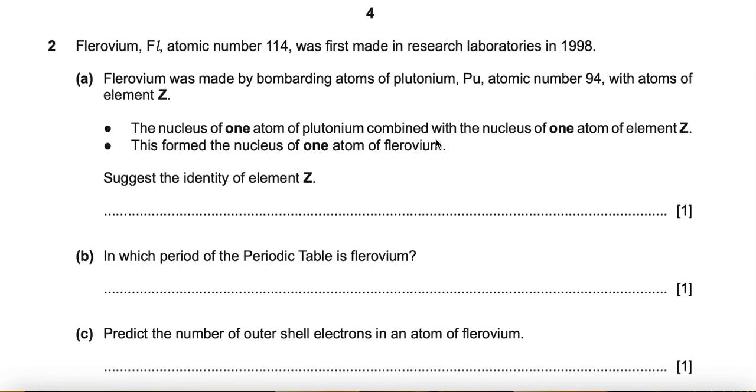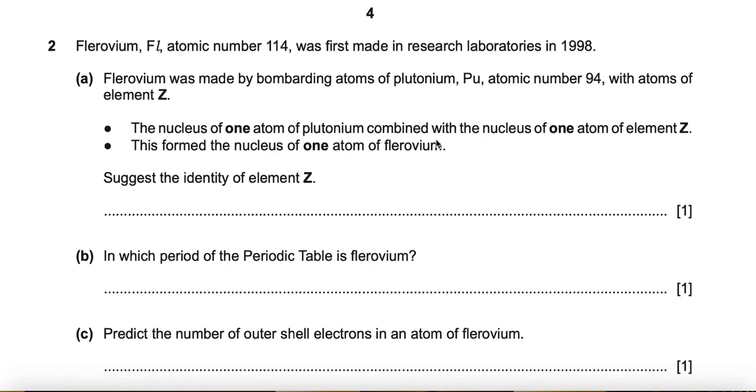Flerovium was first made in a research laboratory in 1998, by bombarding atoms of plutonium with atomic number 94 with atoms of element Z. The nucleus of one atom of plutonium combined with the nucleus of one atom of element Z, and this formed the nucleus of one atom of flerovium.